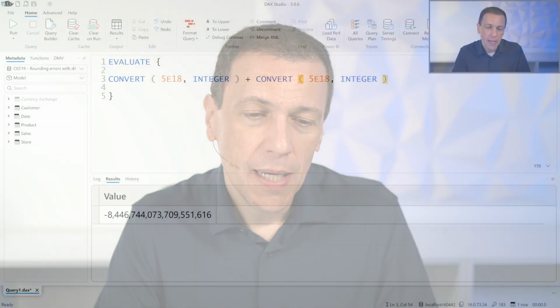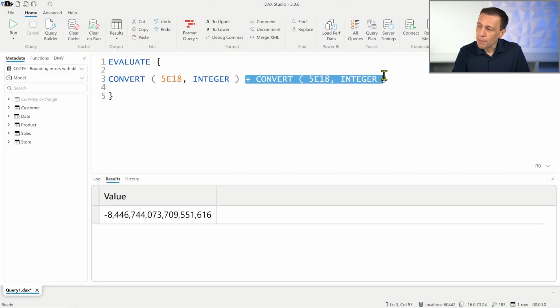So let's move forward and let's see what happens when we have a fixed decimal point, which is the currency data type in DAX. The currency data type or fixed decimal number is stored internally as an integer, but it is like a number that is then an integer number that is then divided by 10,000.